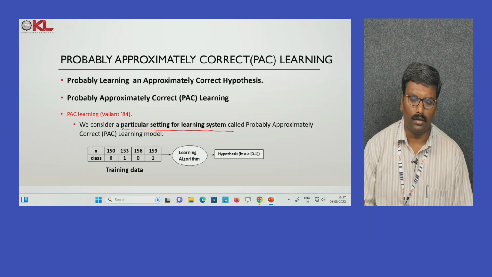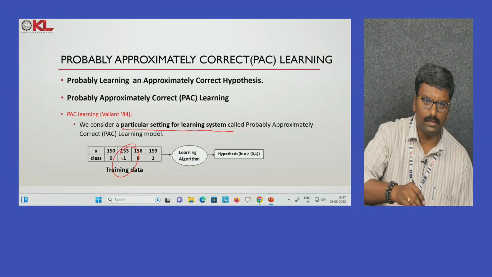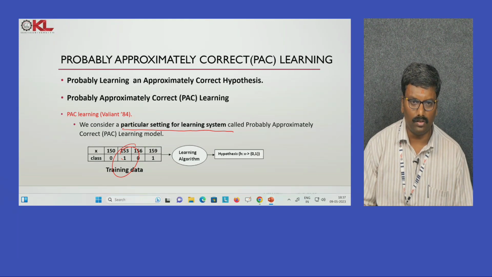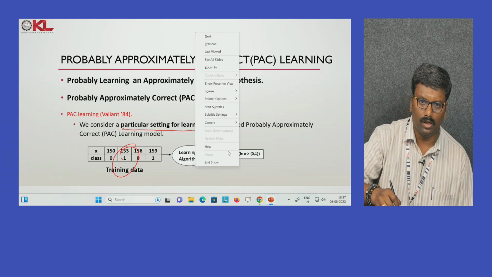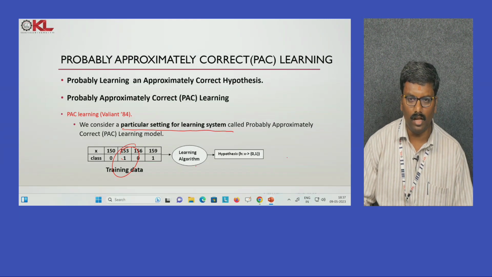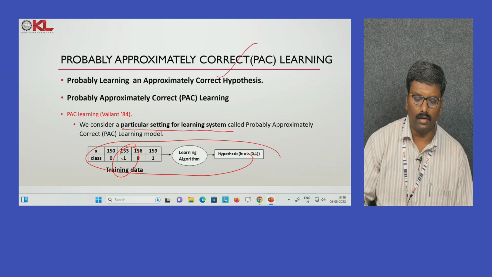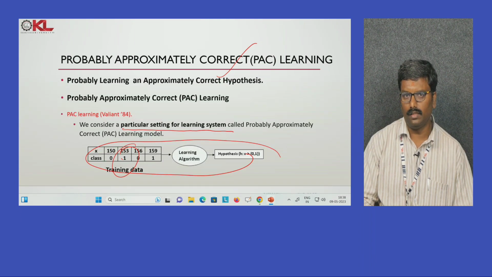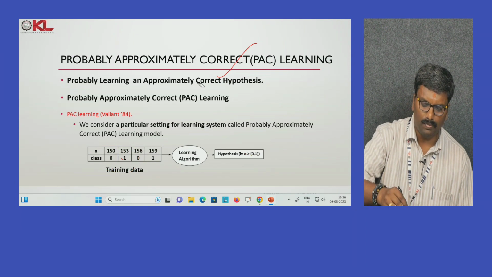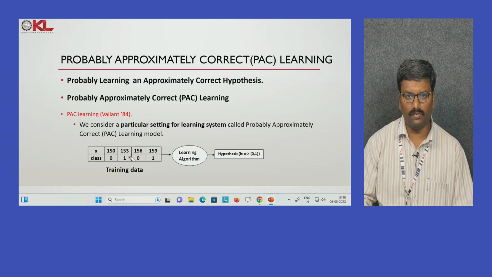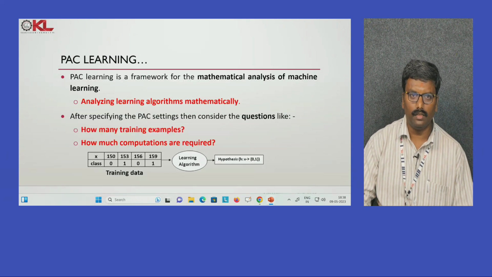Why we need probably approximately correct learning is that we have the training data, with different classes, and we apply some learning algorithms to produce the hypothesis. In this case, we now define probably approximately correct learning. This is a mathematical representation of the approximation with different training data, a particular setting for the learning system.